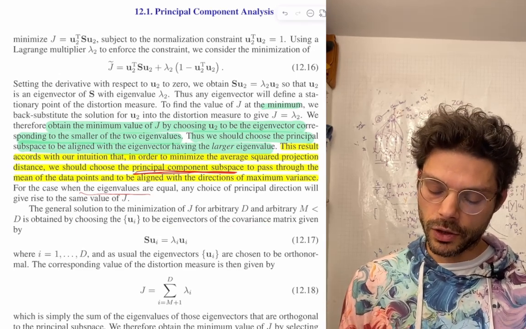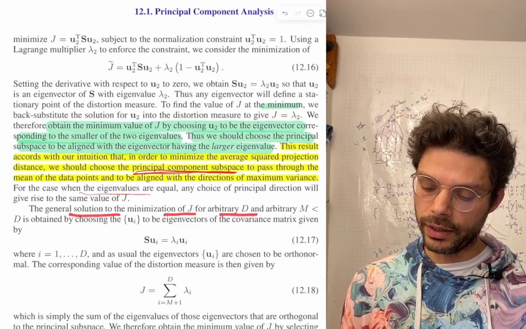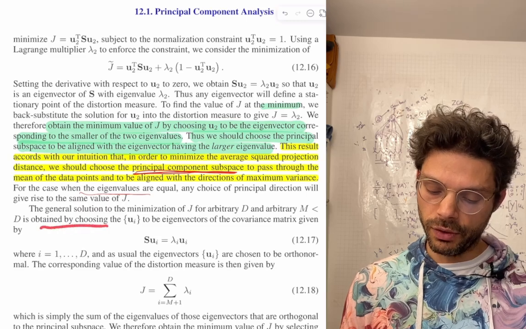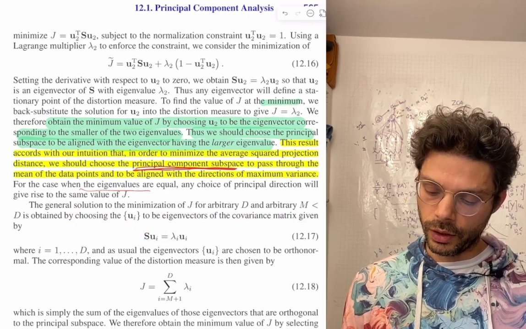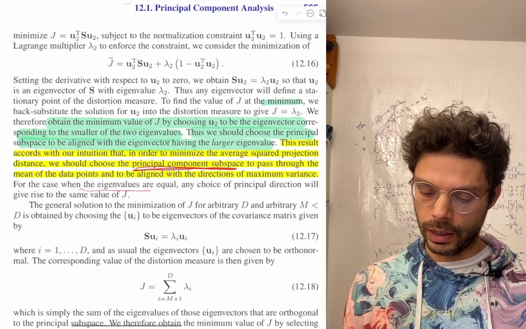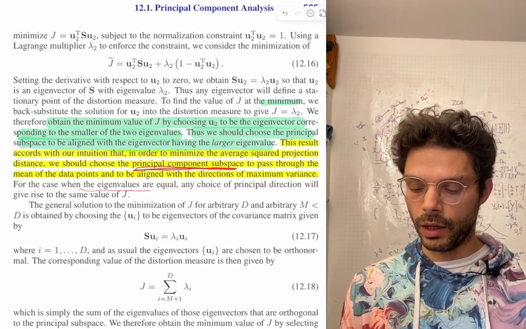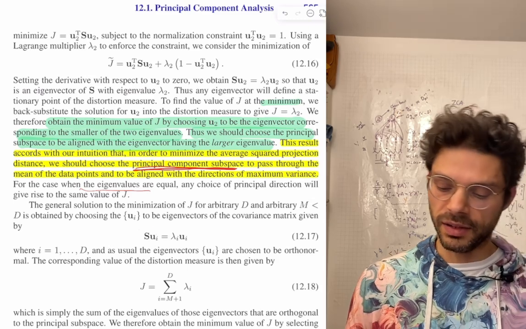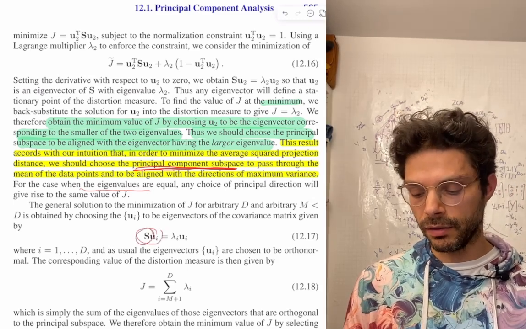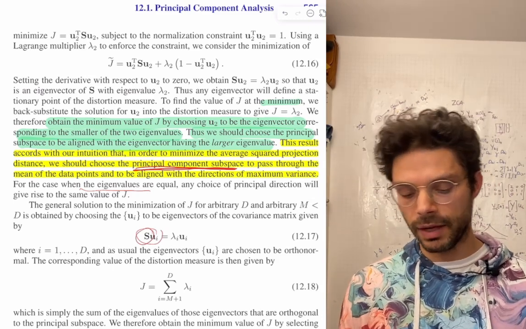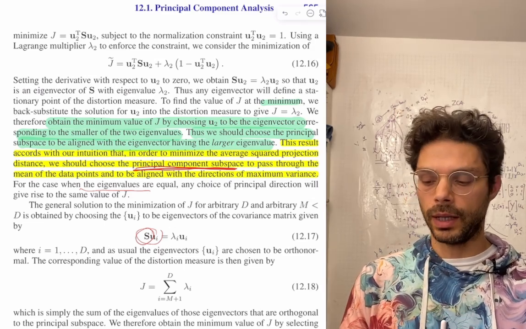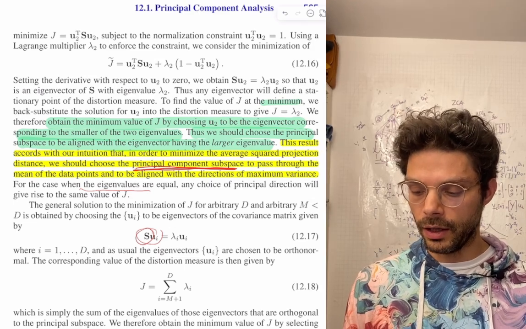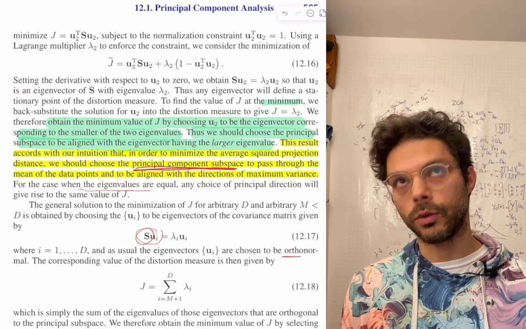So the general solution to the minimization of J for arbitrary d and arbitrary m is obtained by choosing the ui to be eigenvectors of the covariance matrix given by so and so. And as usual, they are chosen to be orthonormal. Because S is a positive semi-definite matrix, its eigenvectors are going to be perpendicular, so you are going to get the orthogonality.